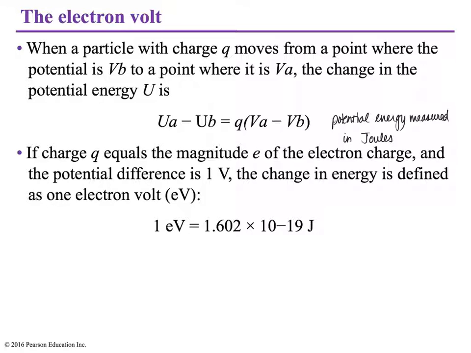Because of the relationship between potential energy and potential, and the fact that we're moving charges through some sort of change in potential, there's another way that we can express the energy change that the charge will have, and that unit is called an electron volt.